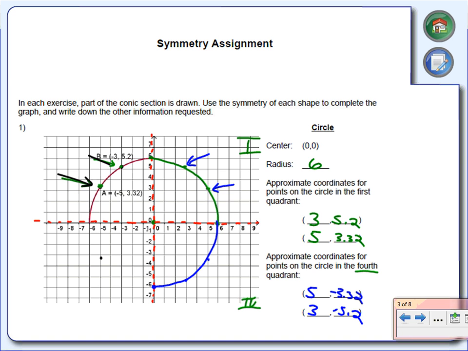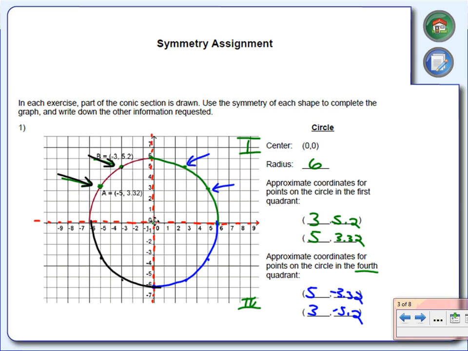And the point that corresponds to this one would be negative 3, negative 5.2. Connect those dots. And now we have our circle. So all we're doing is using these lines of symmetry to come up with a few more points to graph. Now obviously the more points we have, the more accurate our graph is going to be.